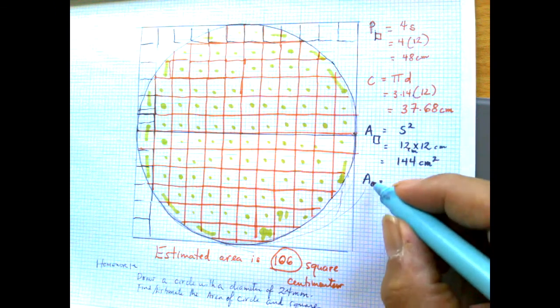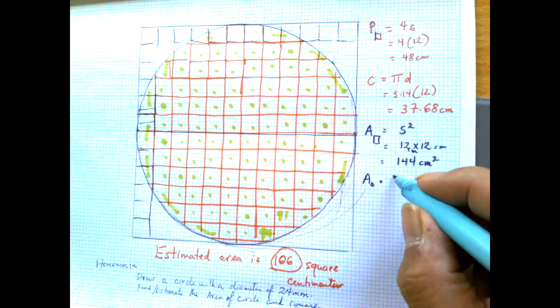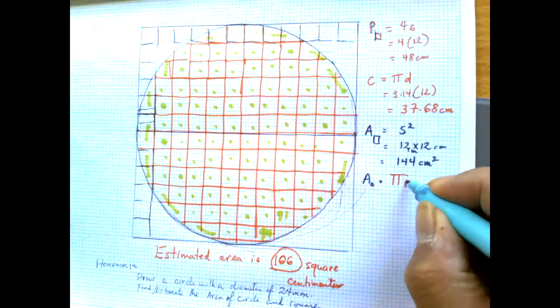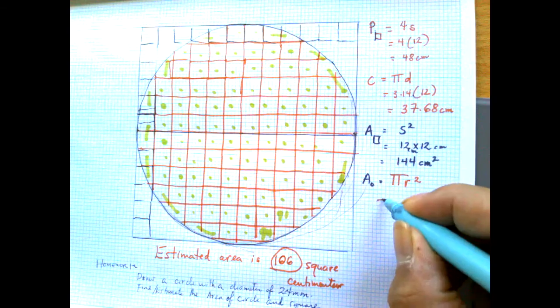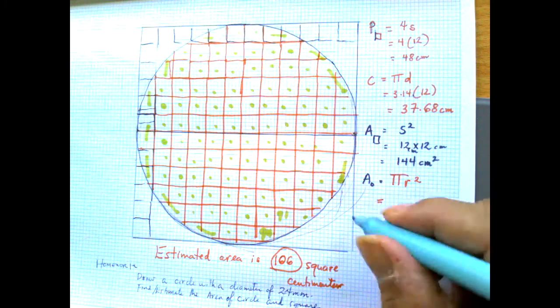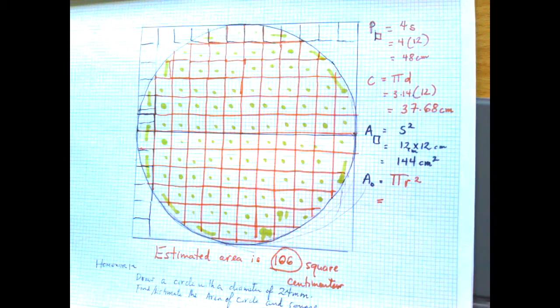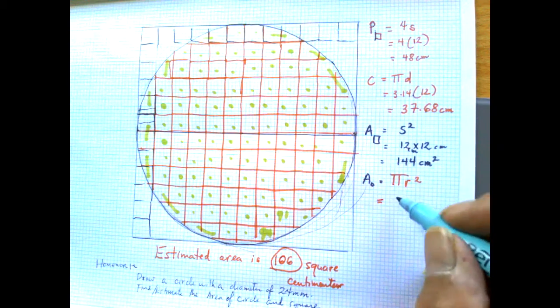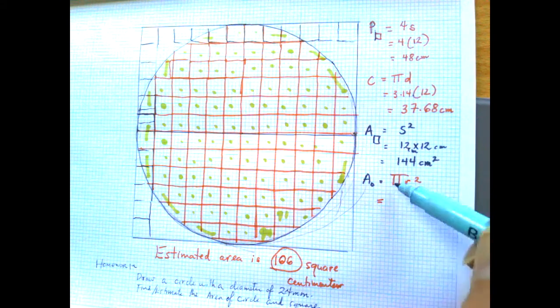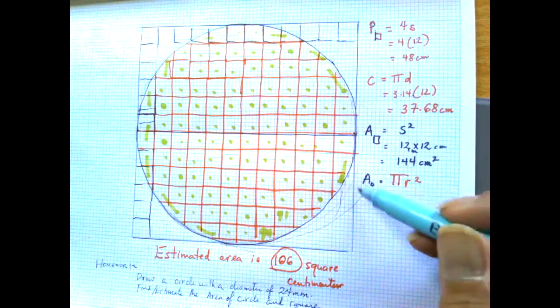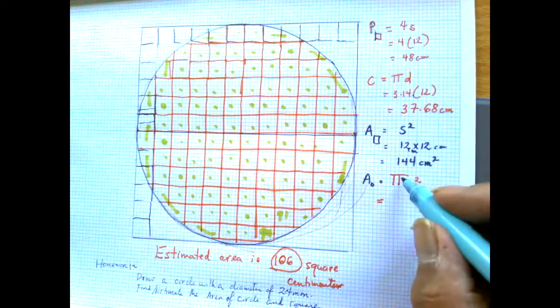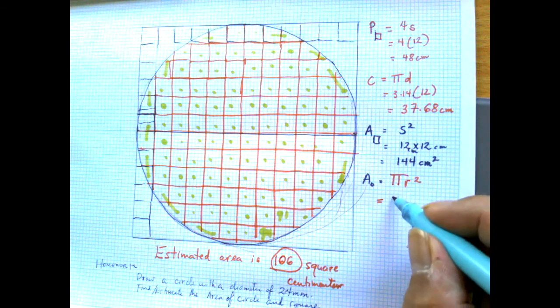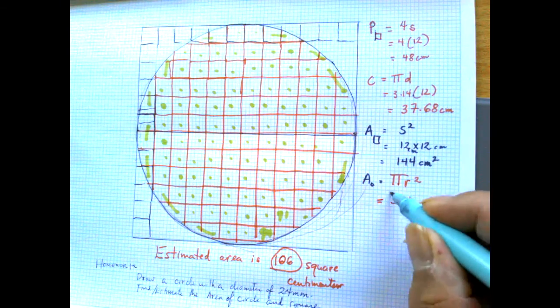The formula for the area of the circle is pi r squared. This is the theoretical method. But let's calculate it based on estimate and based on theoretical calculation. So pi is 3.14.